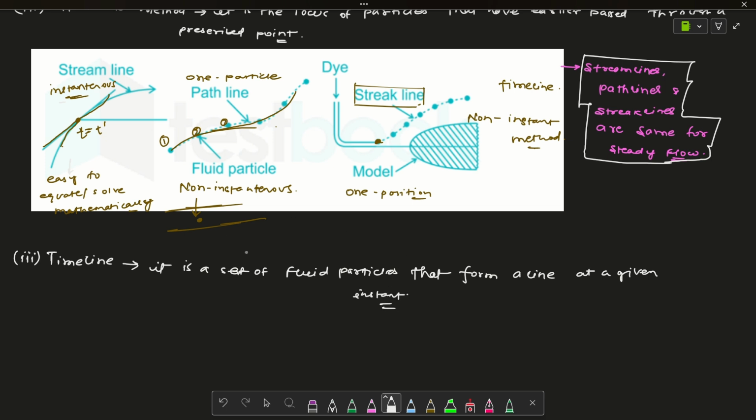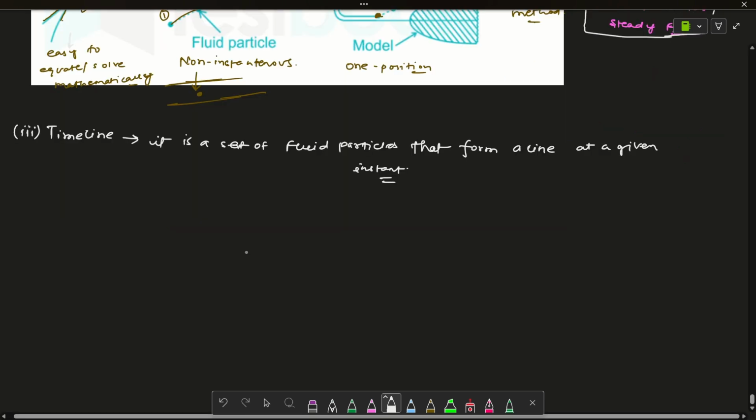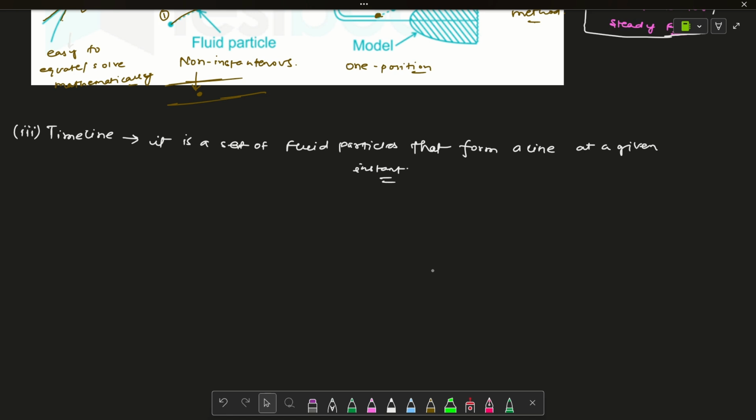In the other three methods you are observing a single particle. Now we are taking multiple particles at a time, whereas in the previous three methods we consider each particle at a time. In this case we think about all the particles collectively. So these are the different methods that we have discussed.